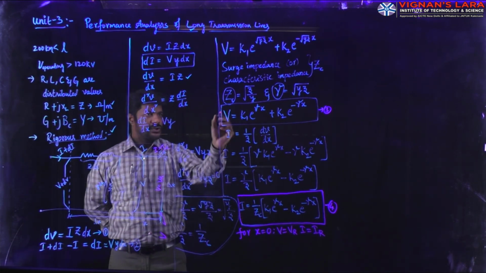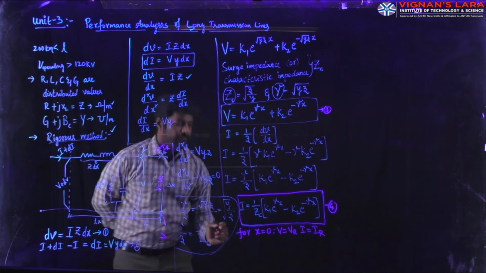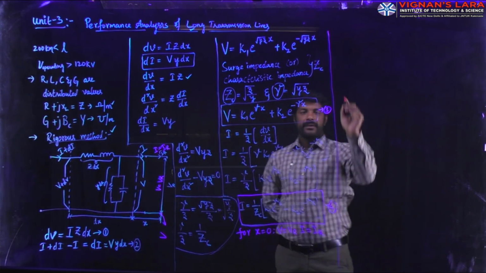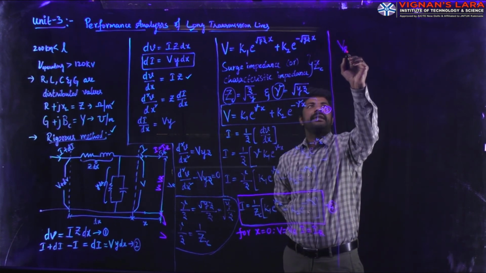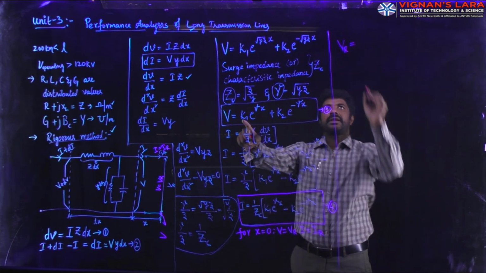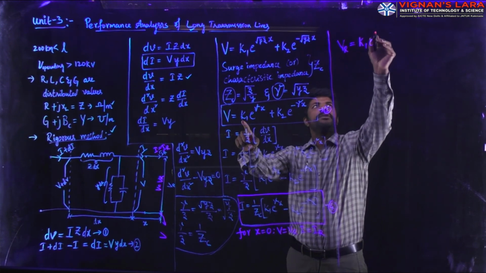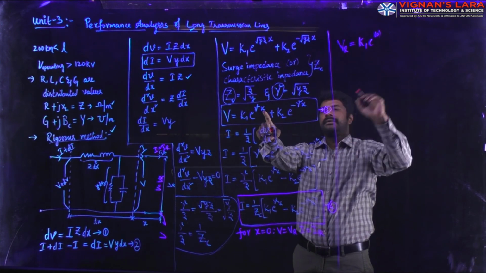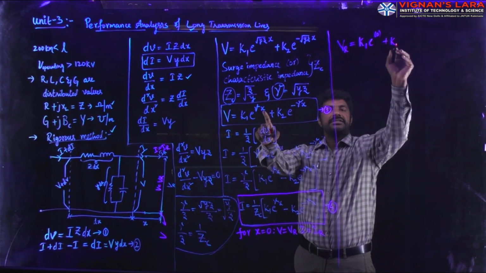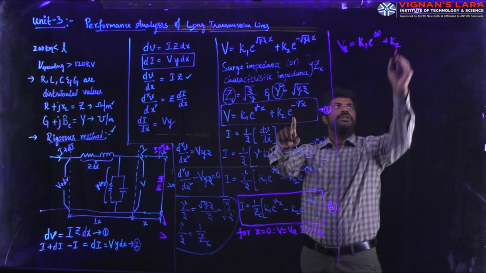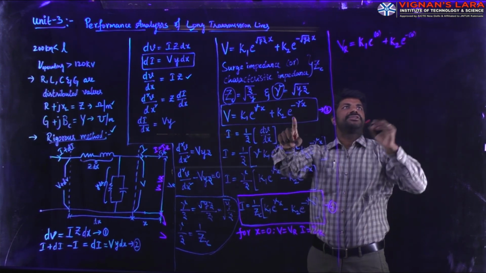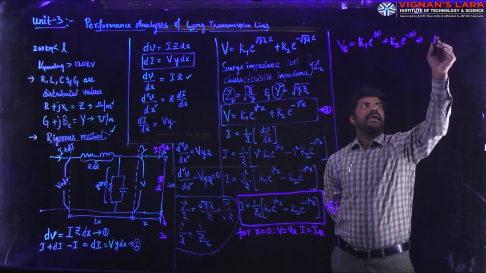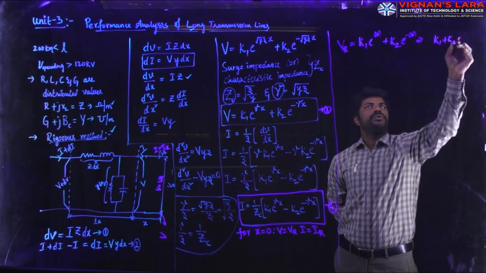V, which is VR, is equal to k1 e to the power 0, as x becomes 0, plus constant k2 e to the power minus 0. So observing this, k1 plus k2 is equal to VR.